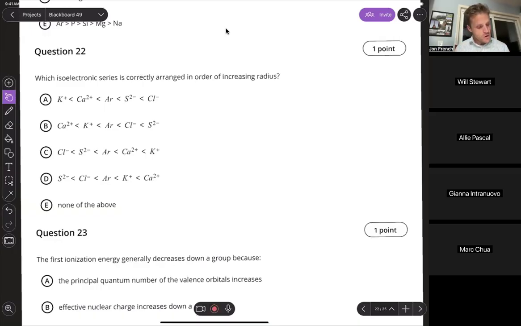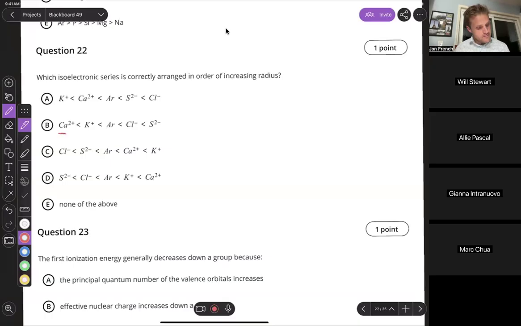So we're going to be looking for, honestly, I think right there is the only choice to start with, because calcium 2 plus has lost more electrons than potassium. So that one should be first. Potassium would be next, argon's in the middle, and then anions.